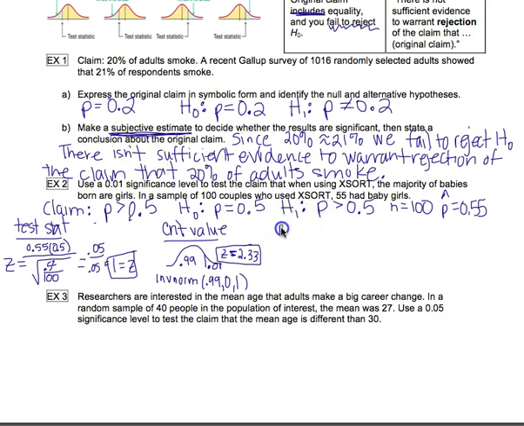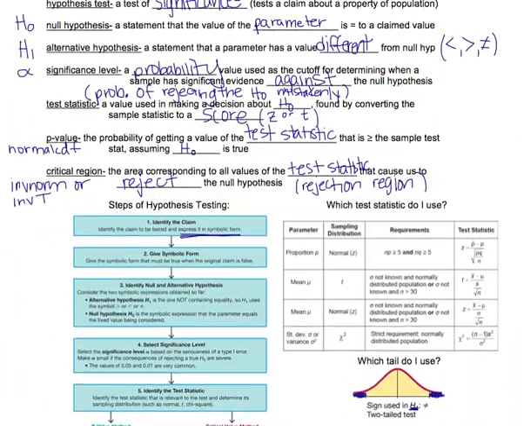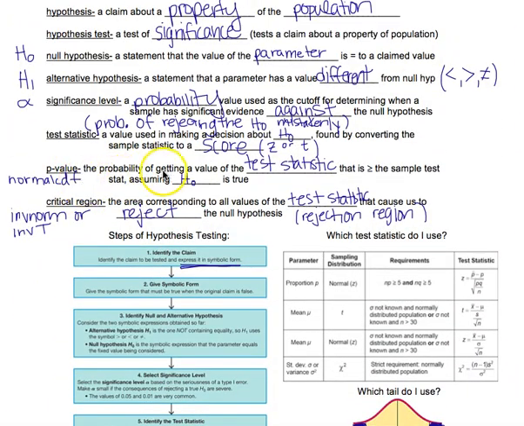P-value, if I go to find that, p-values, I am finding the probability, and if you go back up to where we had our p-value, the probability of getting a value of the test statistic that is greater than or equal to the sample test statistic. So we already found our sample test statistic.